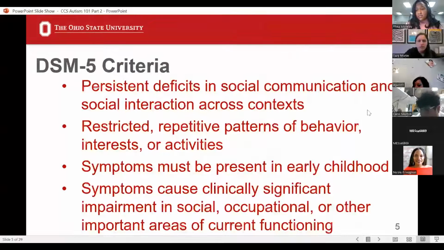So that involves persistent deficits in social communication and social interaction across contexts, restricted and repetitive patterns of behavior, interests, or activities. Symptoms must present in early childhood, and these symptoms must cause clinically significant impairment in social, occupational, or other important areas of current functioning. So when a psychiatrist evaluates an individual, they are looking for these things in order to diagnose them with autism spectrum disorder.